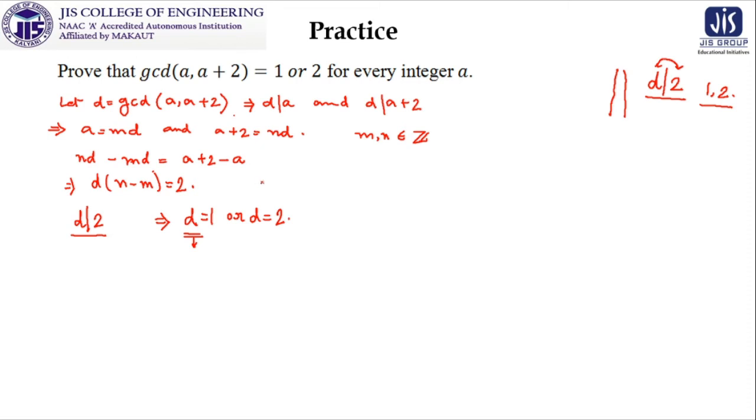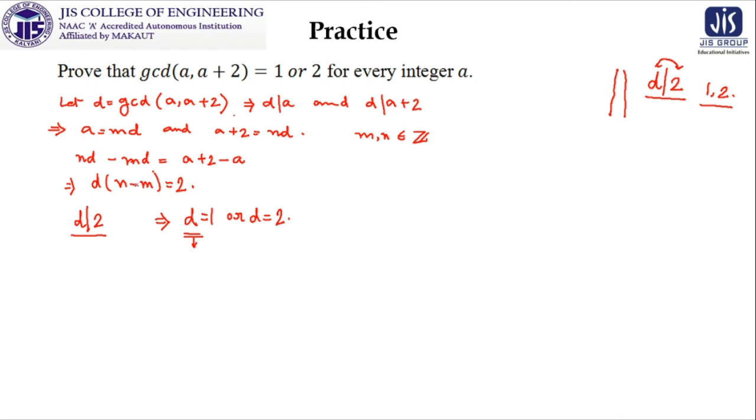Only one question is there: from this line, D into N minus M is equal to 2, how can we claim that D divides 2? It may be the case that N minus M divides 2.